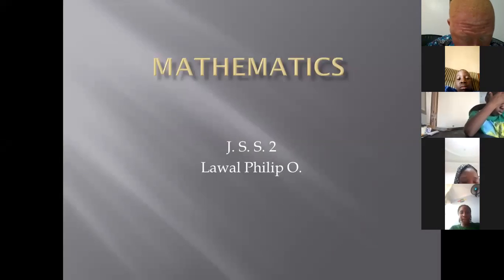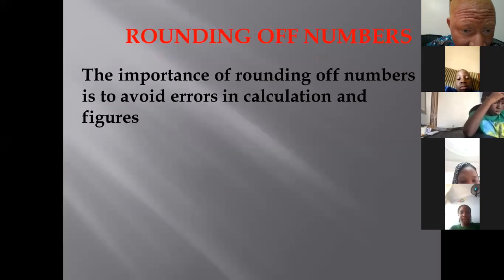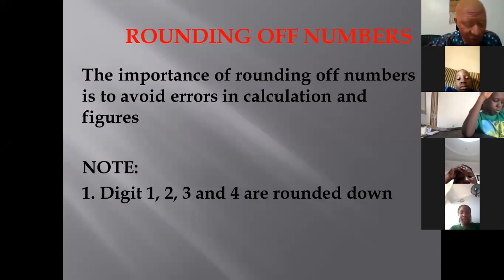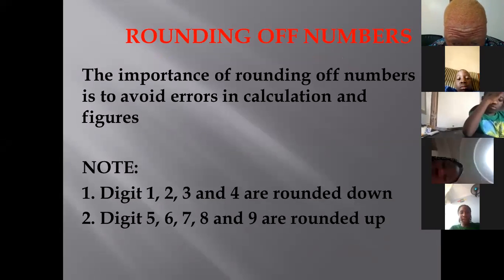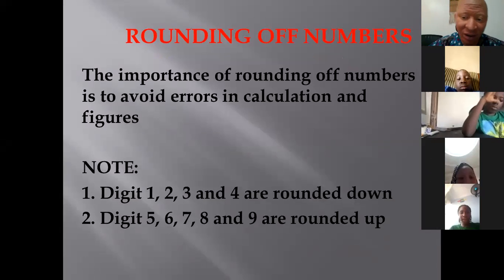So the importance of rounding off numbers is to avoid errors in calculation and figures. What do we need to know? The first one is that anytime you have numbers, the digit you are rounding off, if it is 1, 2, 3, or 4, you round it down. Rounding it down means that you turn it to zero. You make it insignificant.